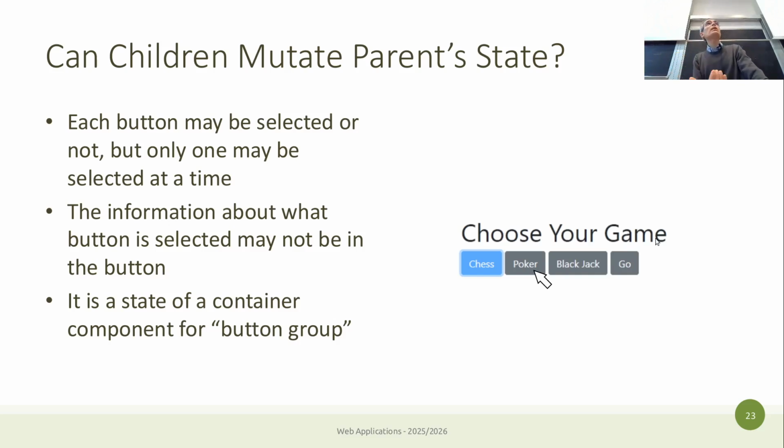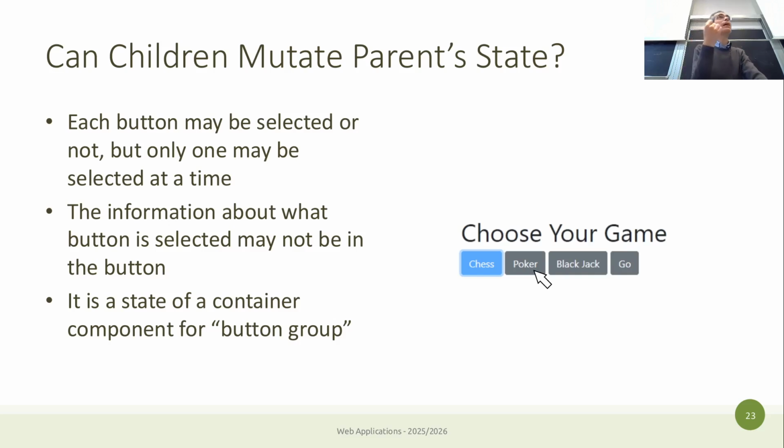The problem is we have a state. The state is inside the container, the component that contains the buttons. We can pass this state to the buttons. That's good because we have props and you can use a state as the value of a prop. But the problem is, how do we update the state from the children?